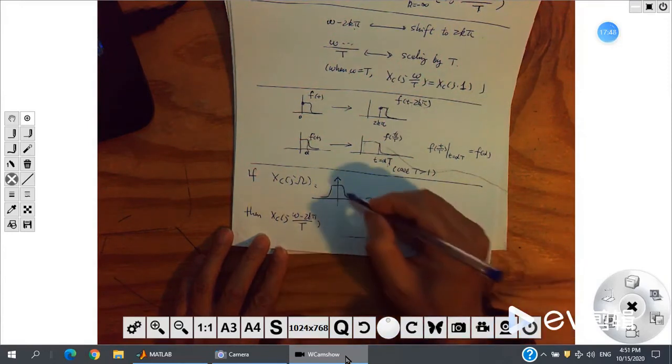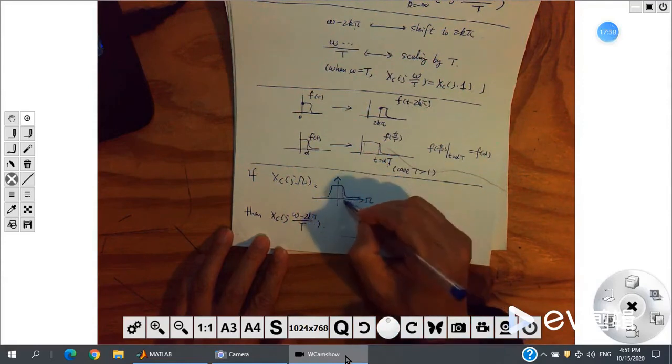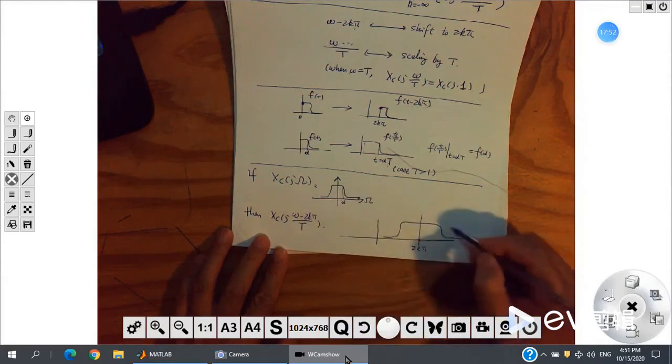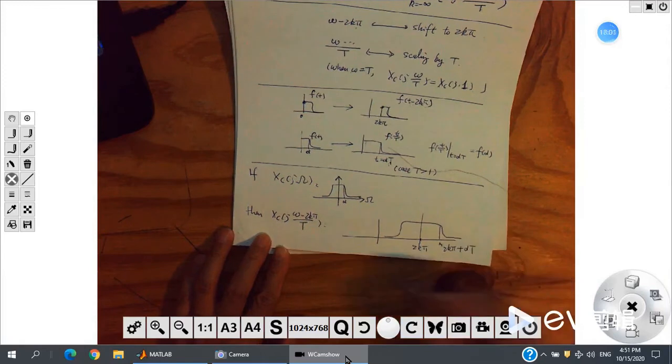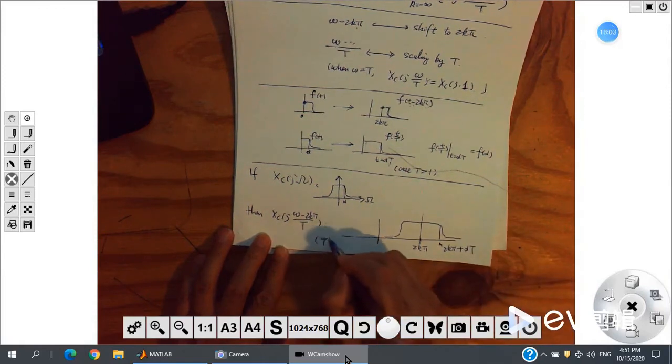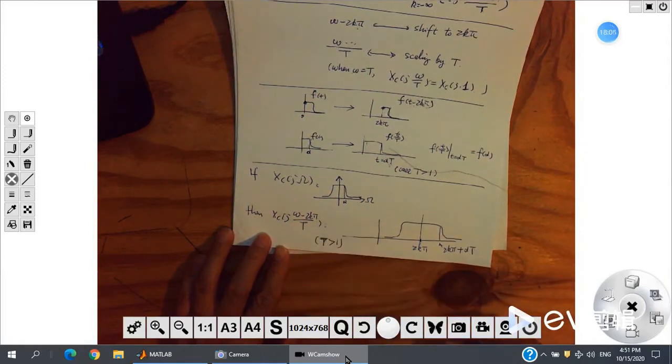And also, if this one is alpha, then this point will be 2k pi plus alpha times T. I suppose T is larger than 1. This is the case like this.